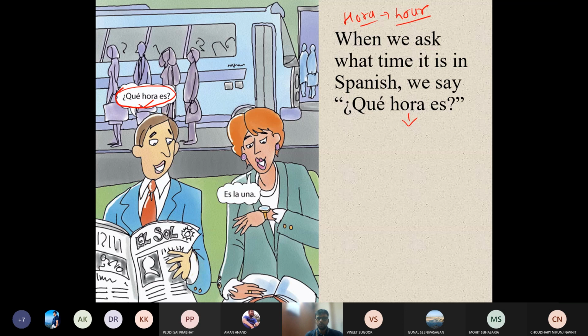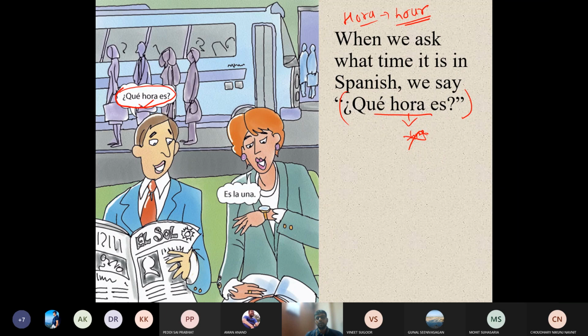You don't have to get much deeper into this. The way you say it in English is different from the way you say it in Spanish. But do not literally translate that hora means time. No, it is not like that. Hora means hour. So you can ask this question, what time is it or what is the time, by using this expression: qué hora es.